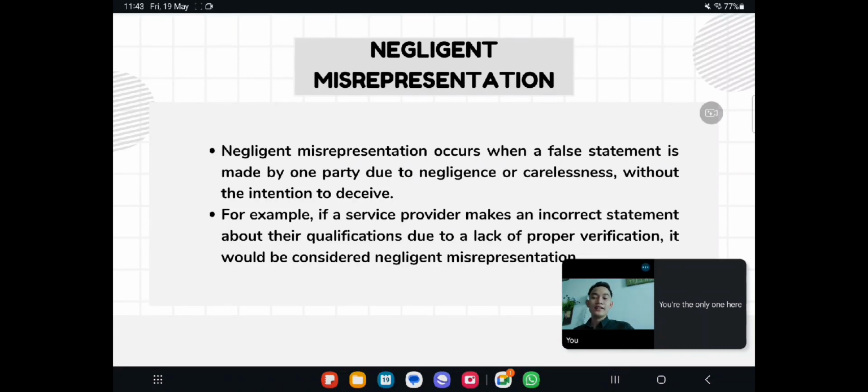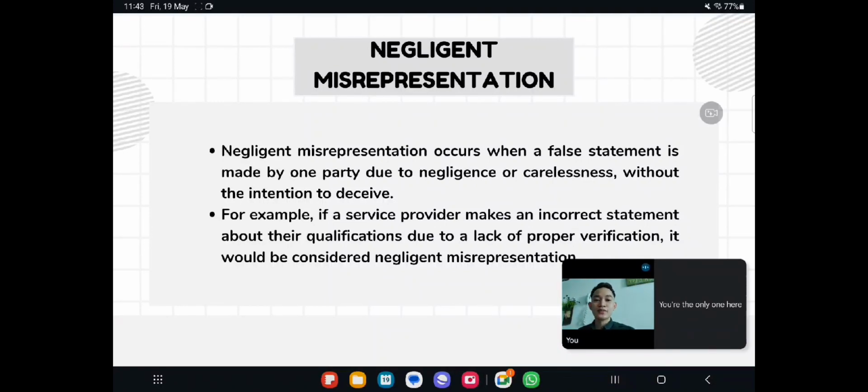Negligent misrepresentation occurs when a false statement is made by one party due to negligence or carelessness without the intention to deceive. For example, if a service provider makes an incorrect statement about their qualifications due to a lack of proper verification, it would be considered negligent misrepresentation.